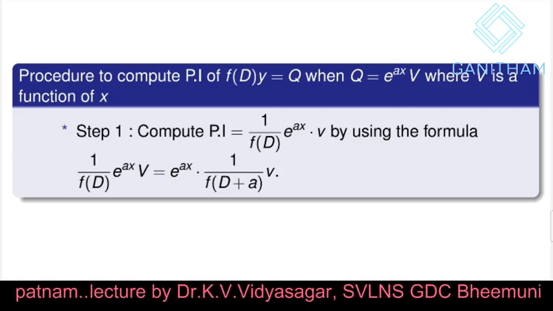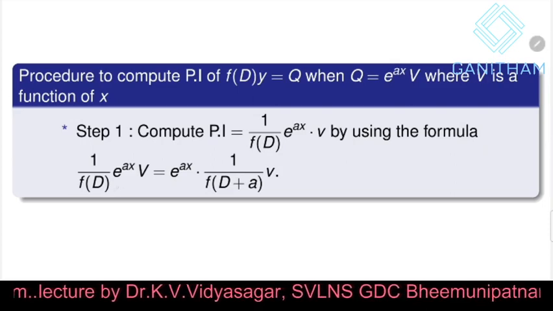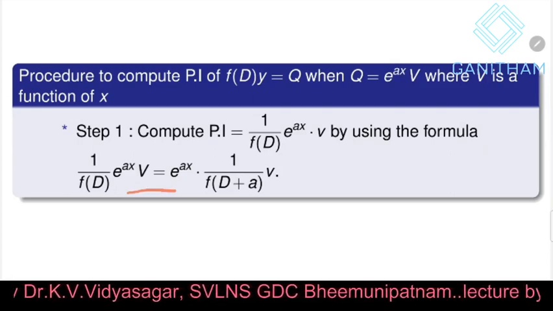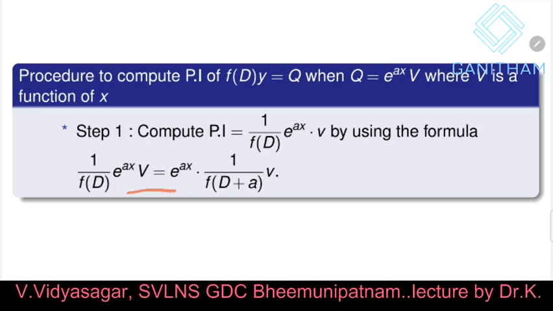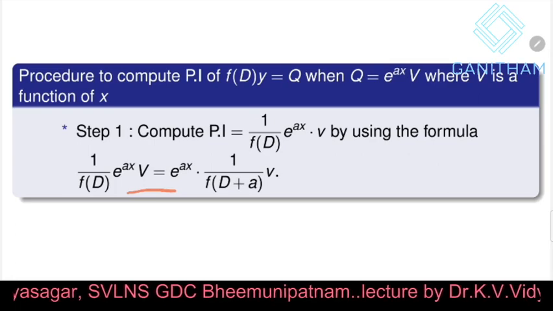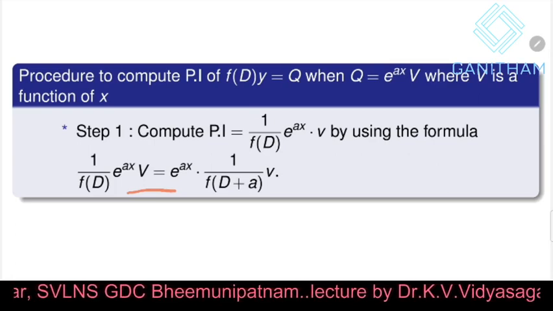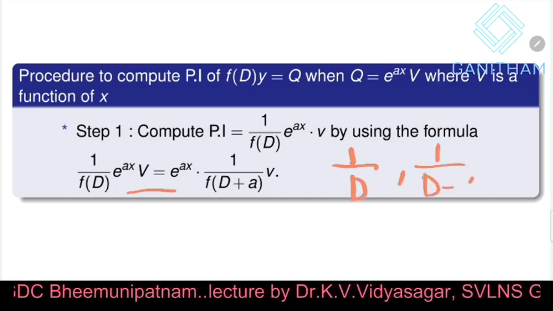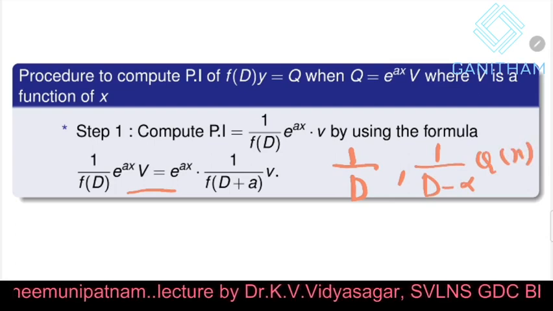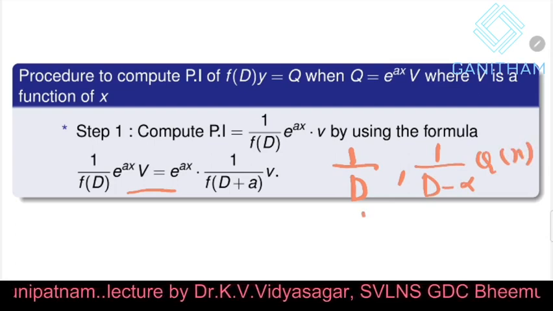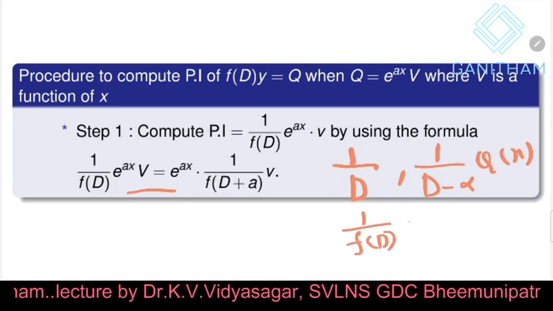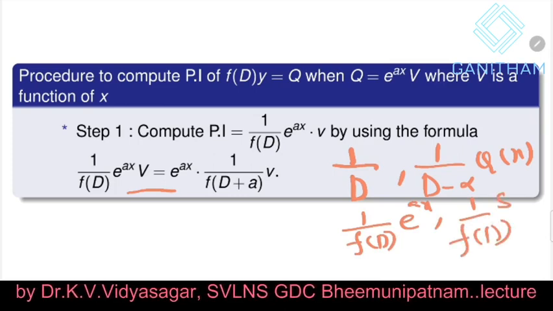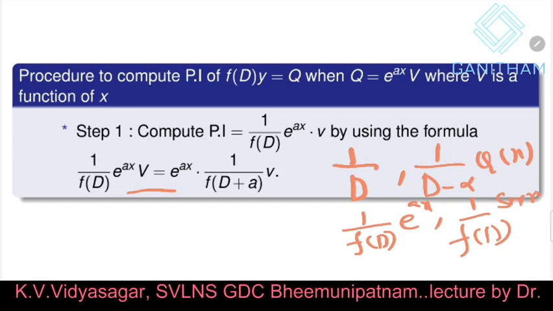In this method, first of all, 1 by f of D into e to the power of ax into V of x is equal to e to the power of ax into 1 by f of D plus a into V. After that, you may find it by using the formulas 1 by D minus alpha into Q of x, or 1 by D plus alpha into Q of x, or 1 by f of D when Q of x is e to the power of ax, or when Q of x is in the form of sin ax or cos ax, and so on.